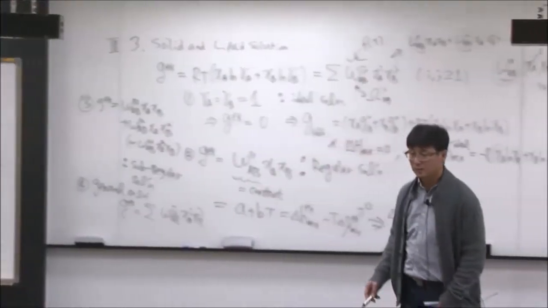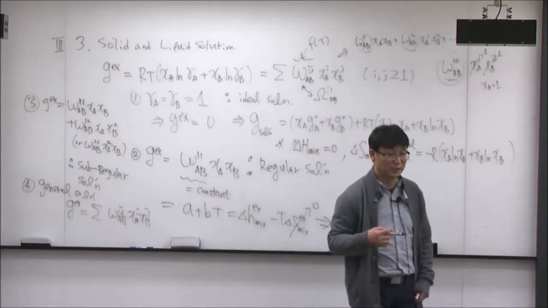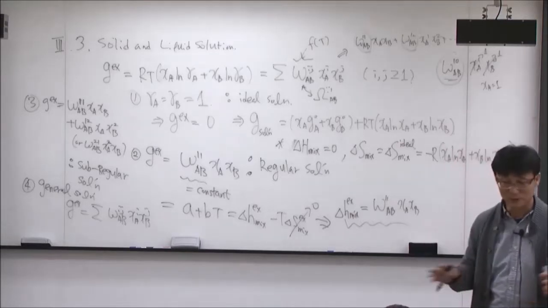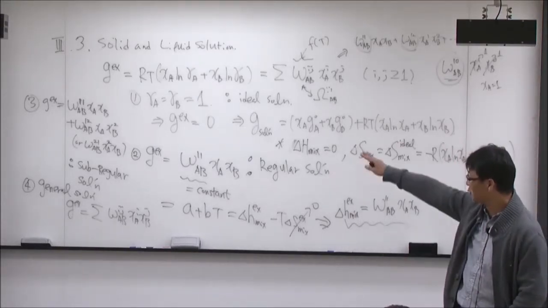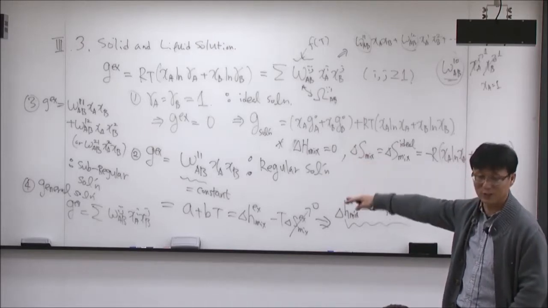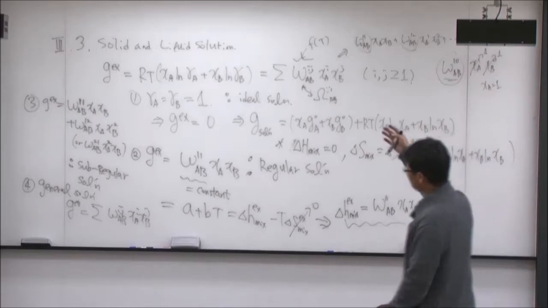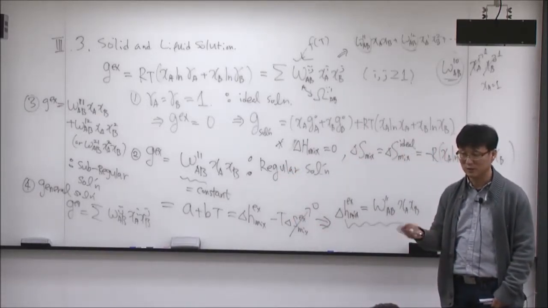But if you want to do the mathematical calculation for your homework and for your midterm and final, it's very difficult. So we almost don't go to even the subregular or general solution. Most of the time, we only go to the ideal condition and the regular condition in this lecture. Okay?